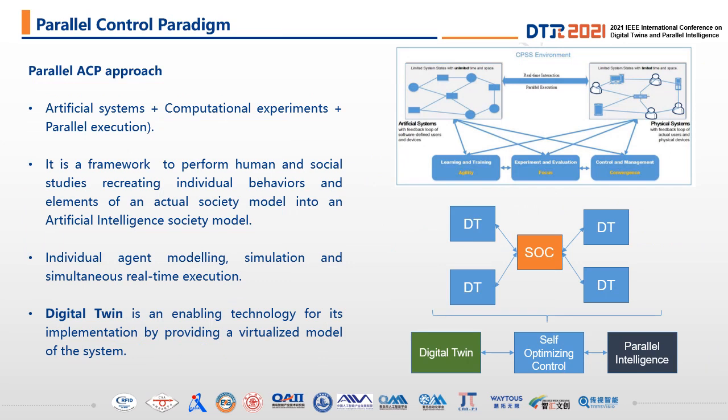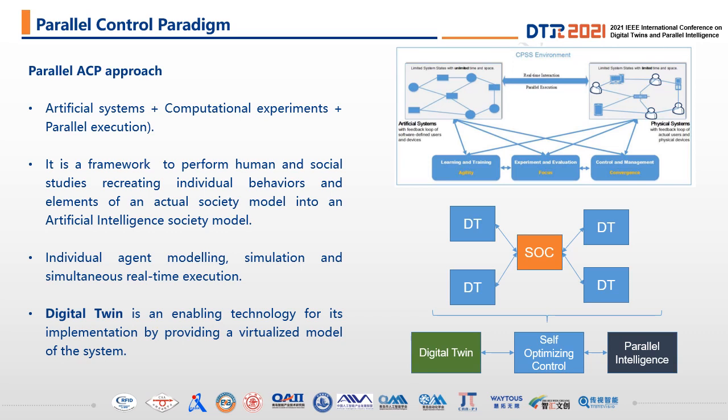So based on the self-optimizing control strategy plus the digital twin as an enabling technology, let's think about how we can combine this with the parallel control paradigm. In this case, parallel control is based on the ACP approach: artificial systems, computational experiments, and parallel execution.